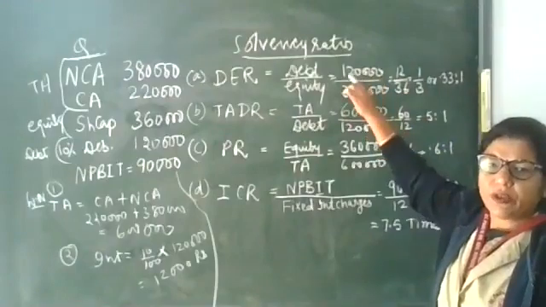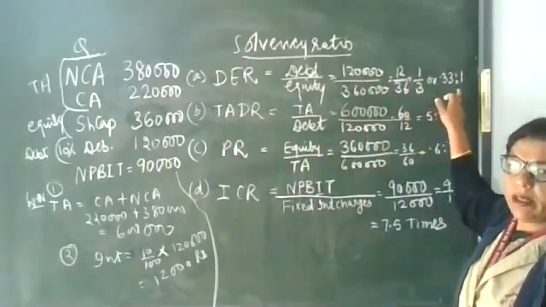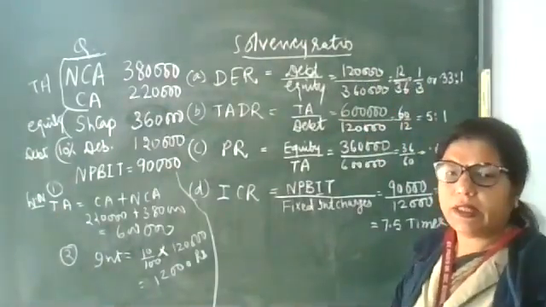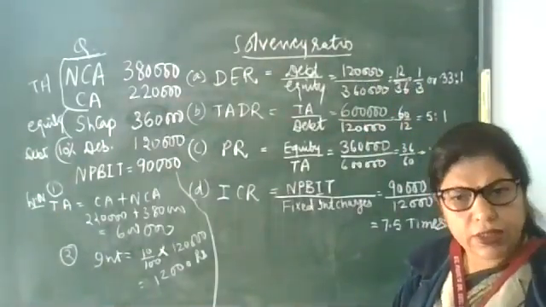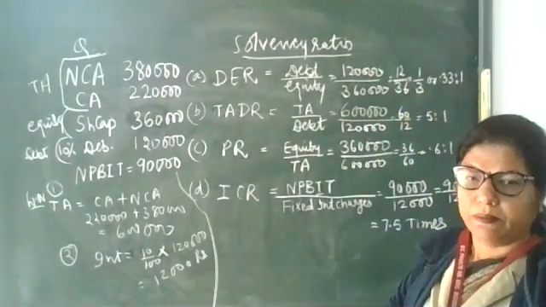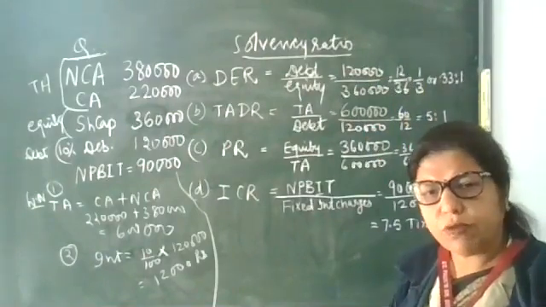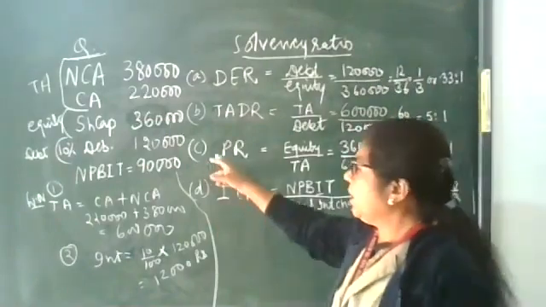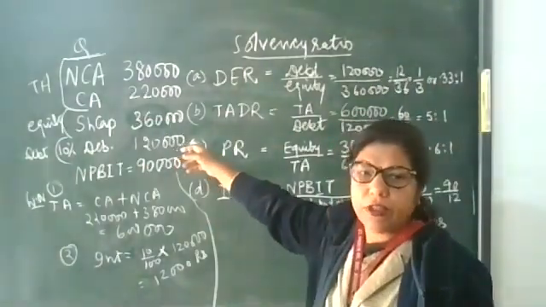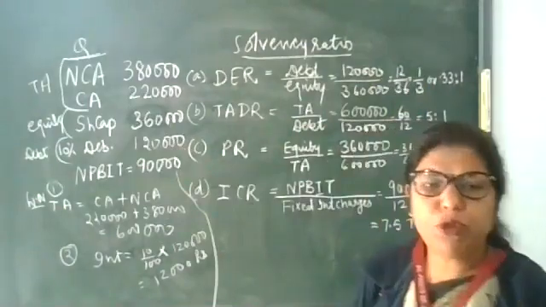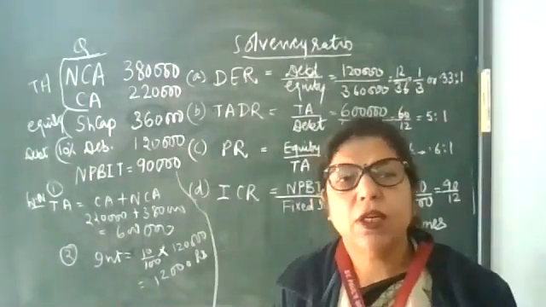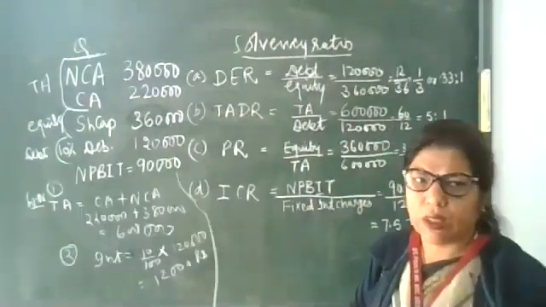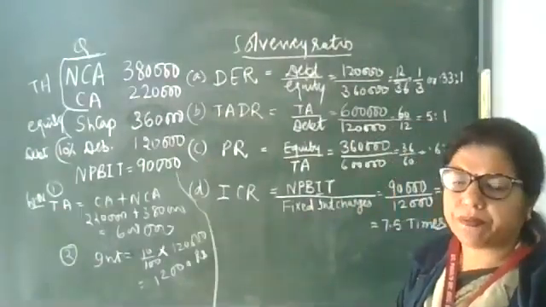First remove the zeros, then you will get the answers in an easy way. TADR, total asset to debt ratio, 6 lakh upon 1 lakh 20,000. No problem. First see the debentures value given here in the question. Debt means debentures, long-term loans and provisions. Long-term. Debt means long-term.